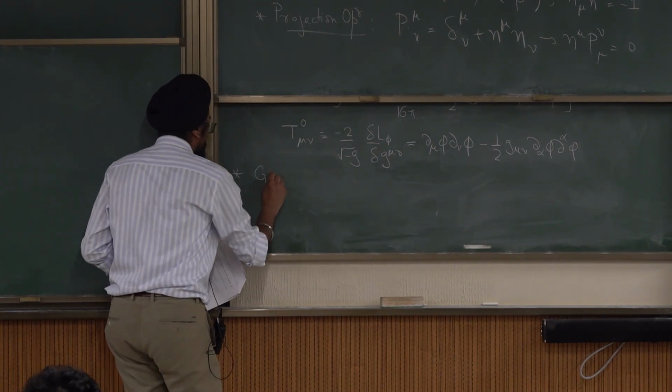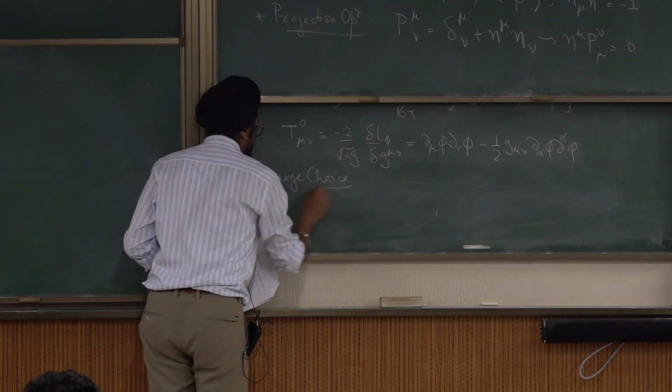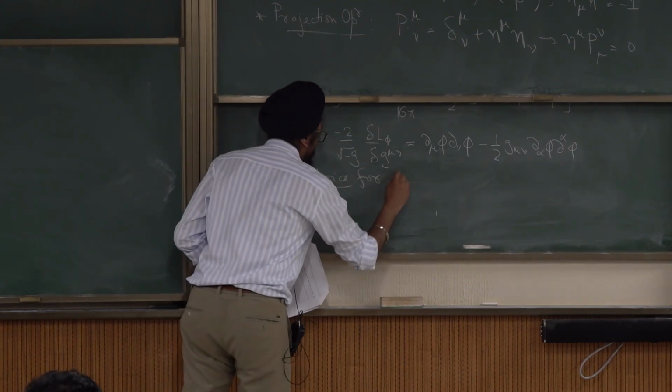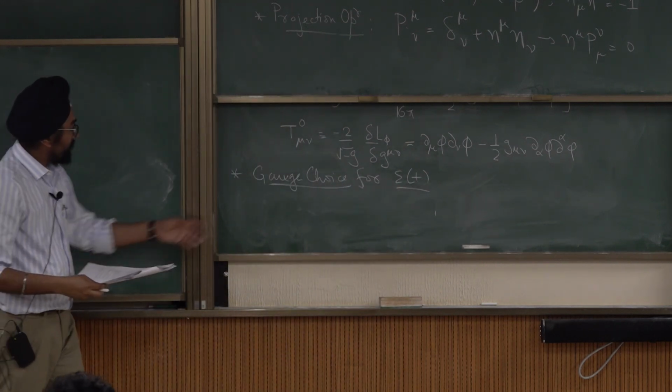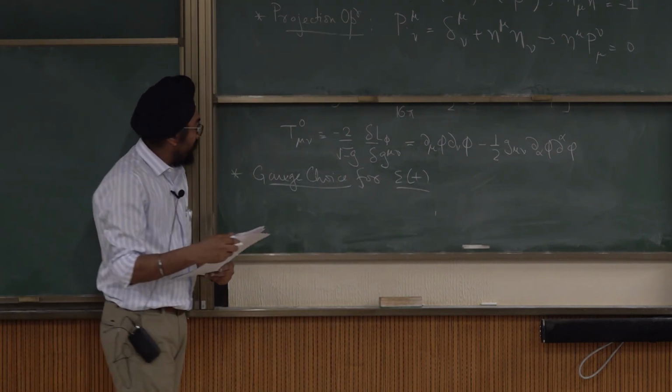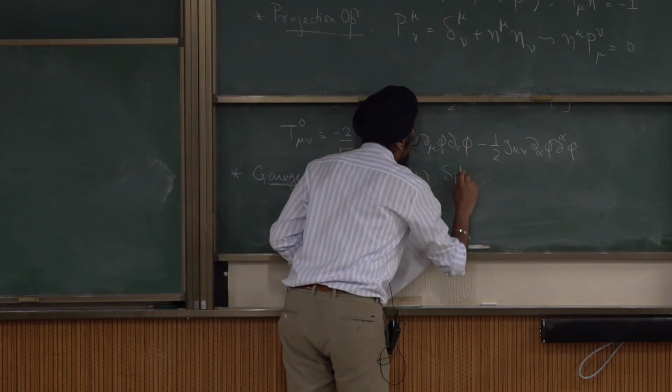So now we'll select a gauge choice for our slicing Sigma_t, or the metric in general. We'll work with spherical symmetry.